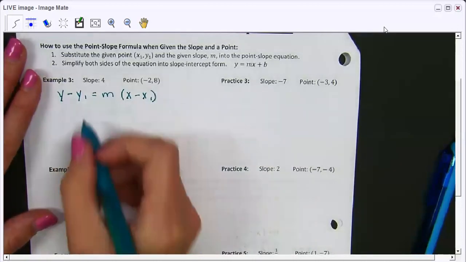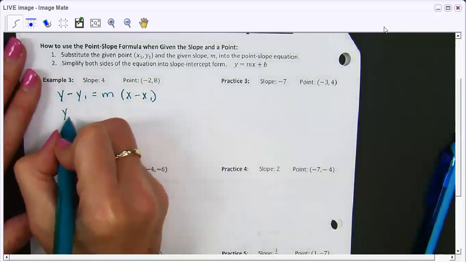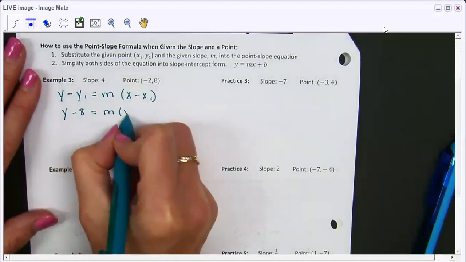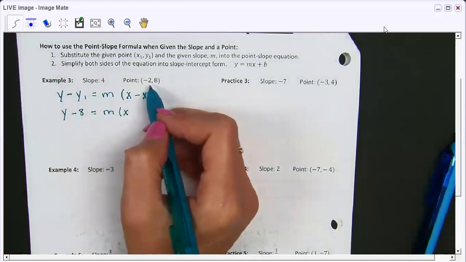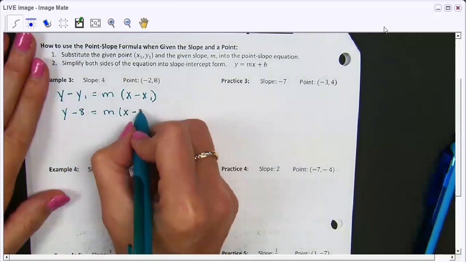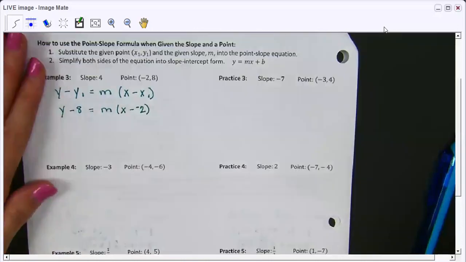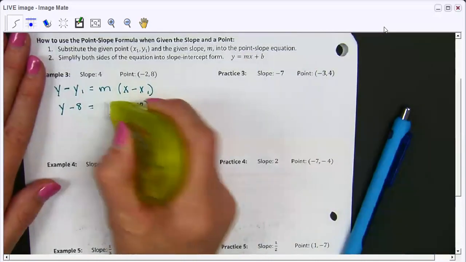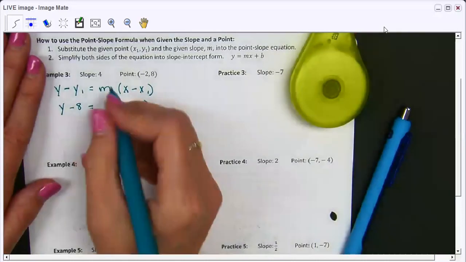I'm going to plug in what I have. Now your x is a -2, so make sure that you pay attention to that. And oops, I forgot to put my m on there. Put m instead of 4. Put 4.